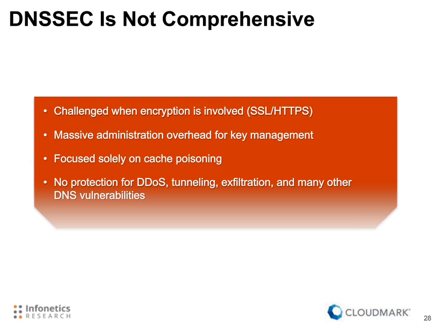So it has a role to play, but it's a very specific role, and it's not solving all problems. Absolutely. It doesn't do anything for the DDoS threats, the infrastructure threats, and it doesn't address the emerging tunneling and exfiltration threats specifically either.